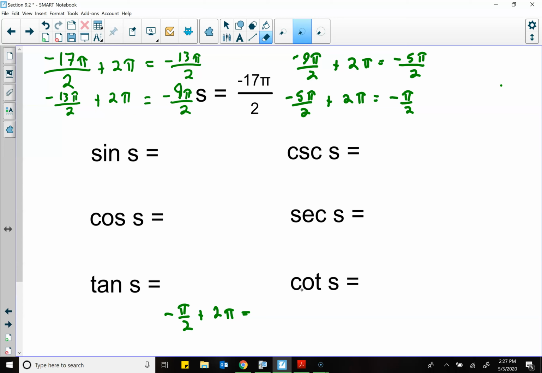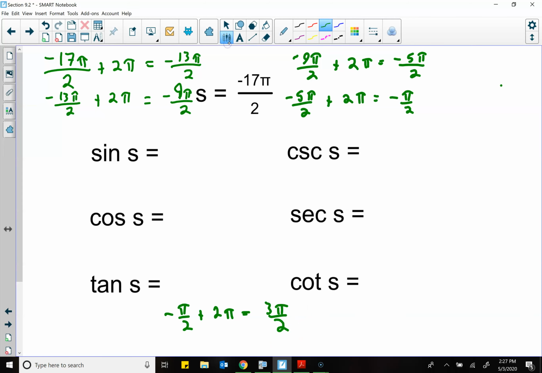So add 2 and you get 3 pi over 2. So this is on the unit circle. That's what you want to work with. Okay? So this is the angle that we're going to work with in all of these.